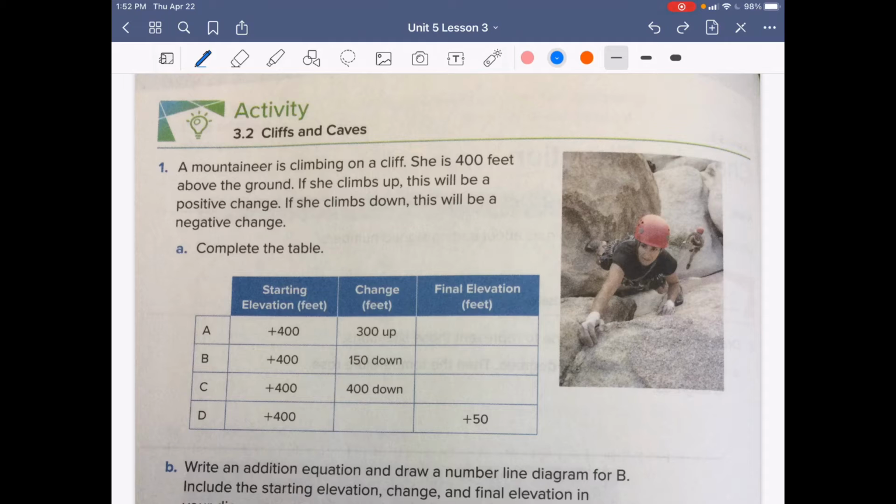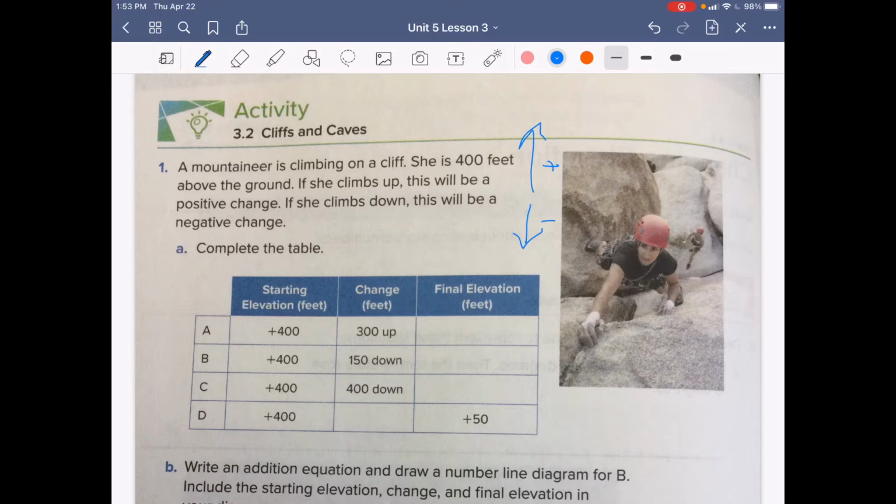She is 400 feet above the ground. If she climbs up, this will be a positive change. If she climbs down, this will be a negative change. So if she's going down, it's negative, but if she's going up, it's positive.